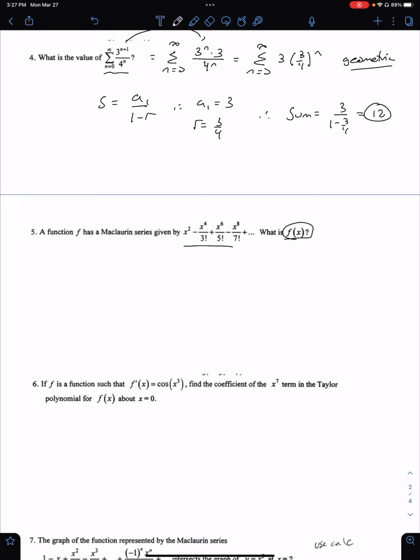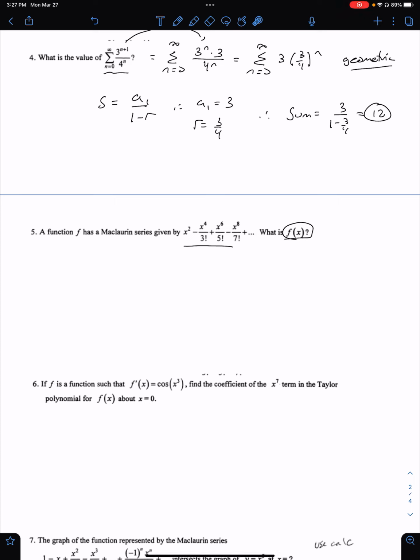If I look at the top here, we've got x squared minus x to the 4th over 3 factorial, and so on and so forth.